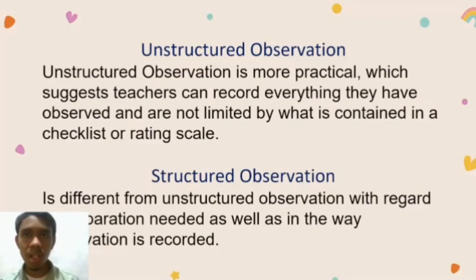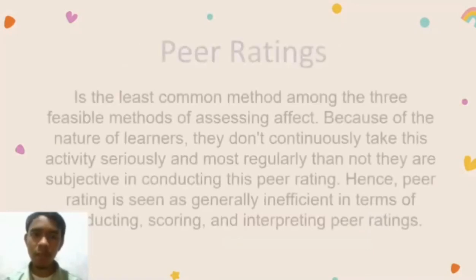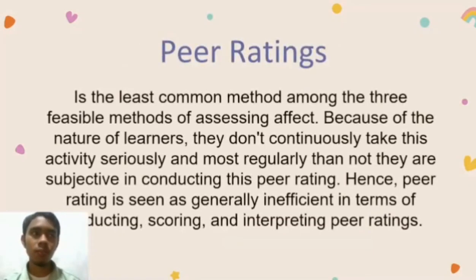So we have those two types, the student self-report and the teacher's observation. We have the third type, which is peer ratings. This is included as a tool to determine student behavior, an effective assessment tool. However, this is the least common method, or maybe the least recommended, because the teachers let the students rate their peers, so to speak.